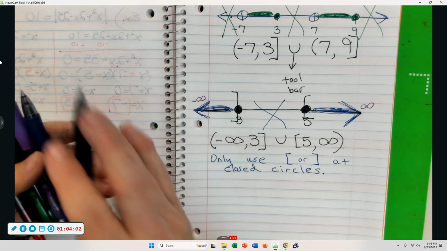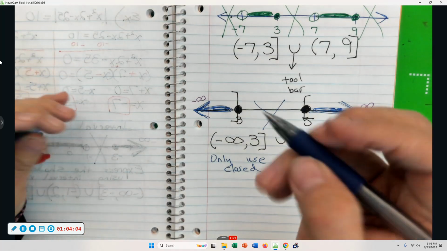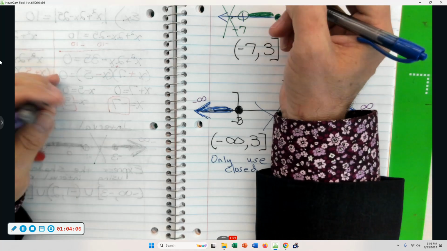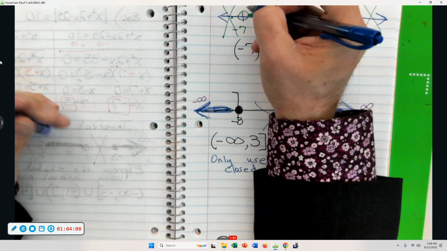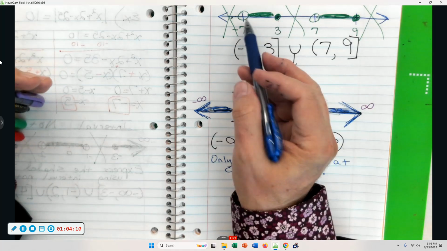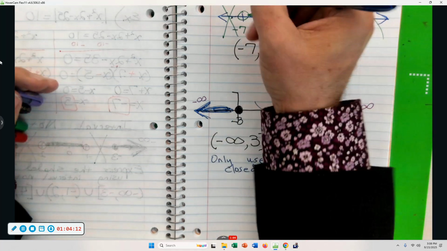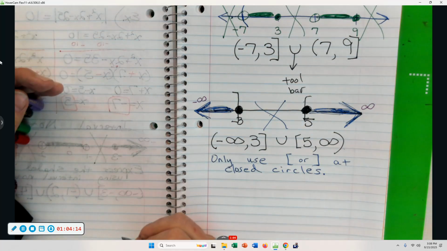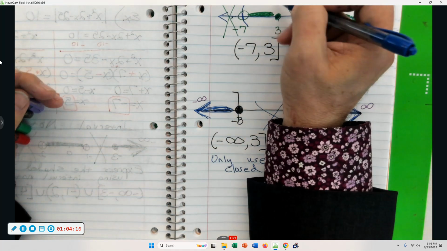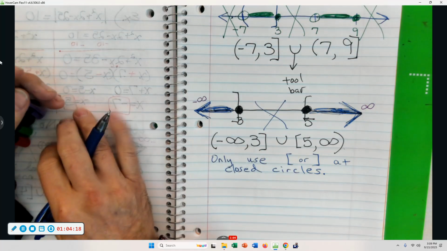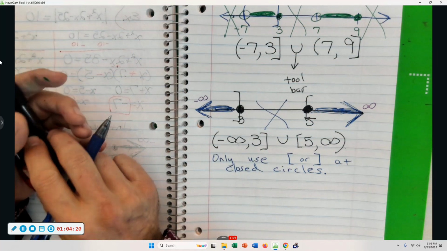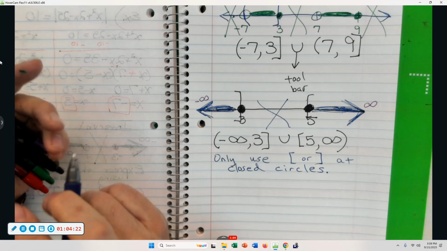But there is a trend, some textbook authors and some MyLab programmers, what they do is, okay, that's an open circle, so they put a parenthesis there. That's a closed circle, they put a bracket there. I don't care for that just because you don't know.